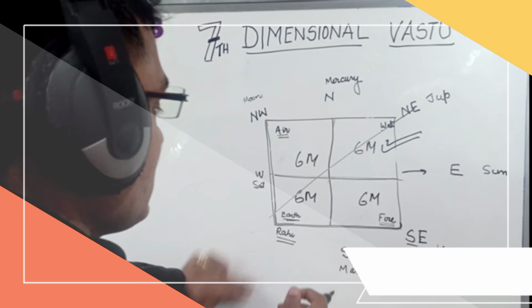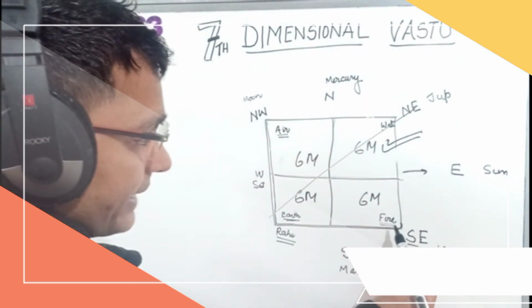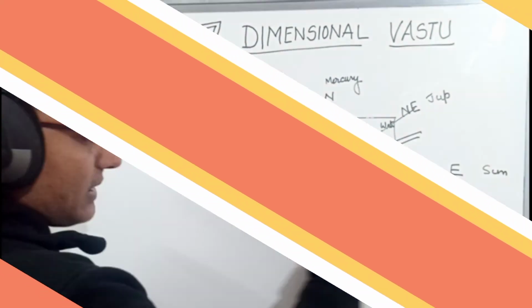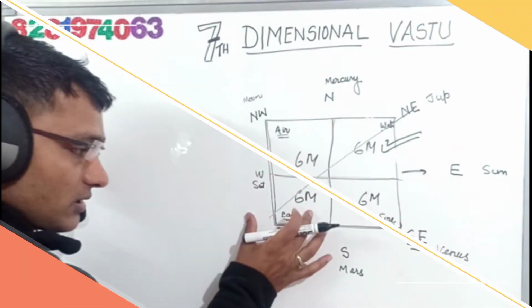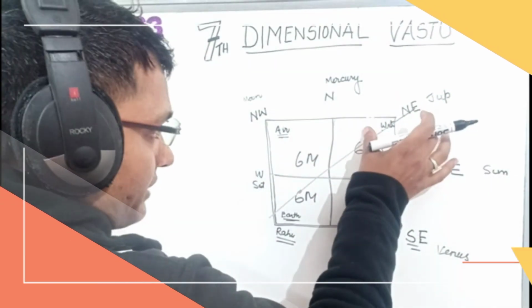Now coming to the element part, I have explained this is the fire element, this is earth, this is air, this is water. In the same way, the requirement of activities here is fire, and here earth-related, air-related, and water-related activities.